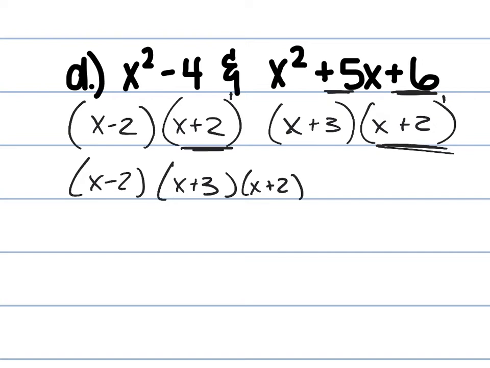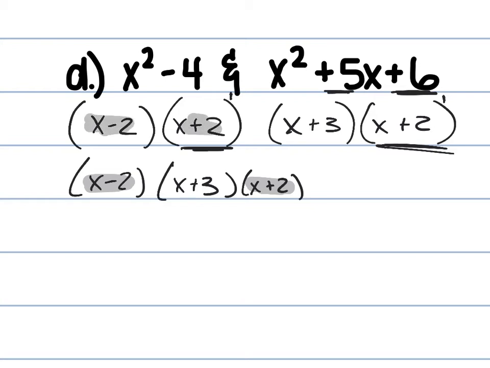Okay. So from there, we are going to multiply. We've got x plus 2, x minus 2, and x plus 3. We are going to multiply this all out. Although, actually, I already know what 2 of those things together will be. If I pick this one and this one, you know where that came from?